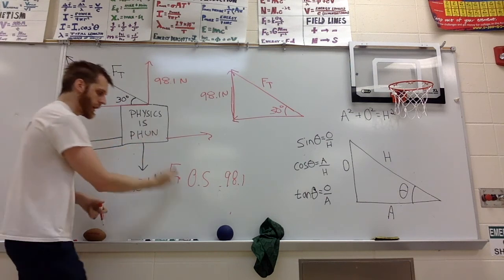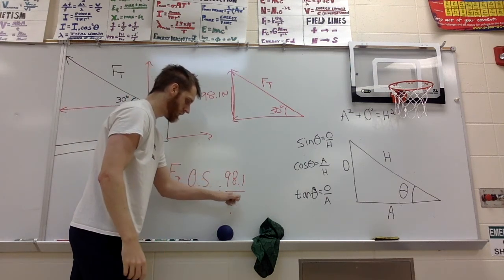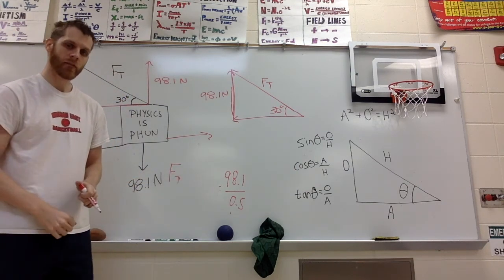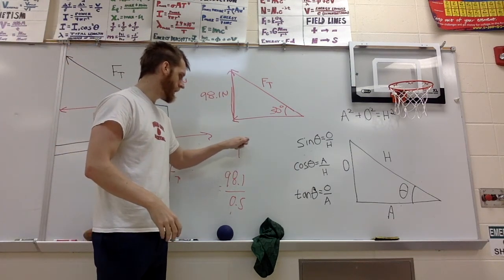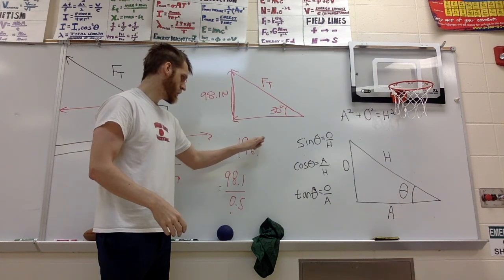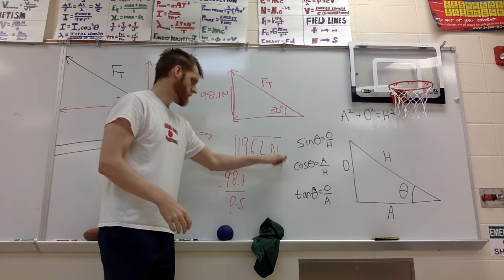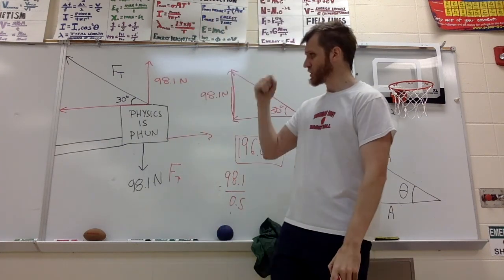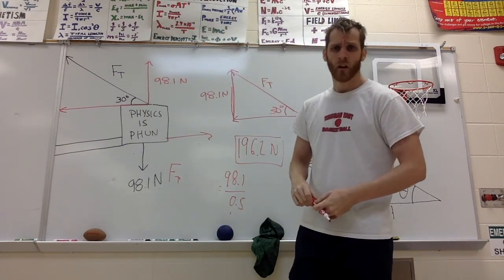And then I'm going to divide both sides by 0.5. And so 98.1 divided by 0.5 is equal to 196.2 newtons.